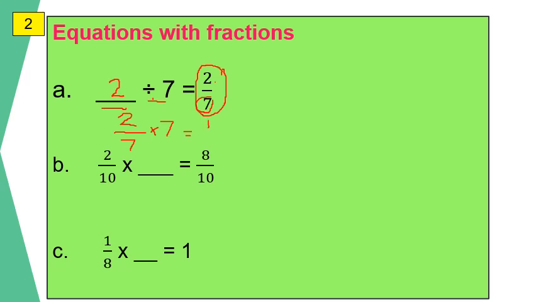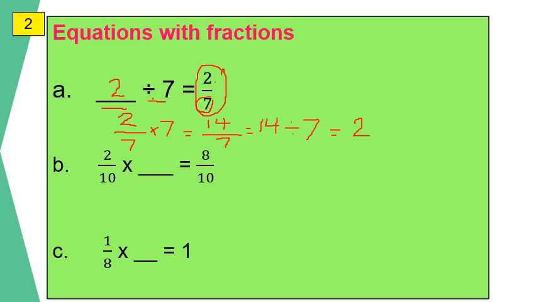So here, 2 times 7 is 14, which gives me 14/7. And again, remembering that a fraction is a self-contained division problem, the top number is the dividend, that's the number that comes at the start. 14 divided by 7 equals 2. And there you go.